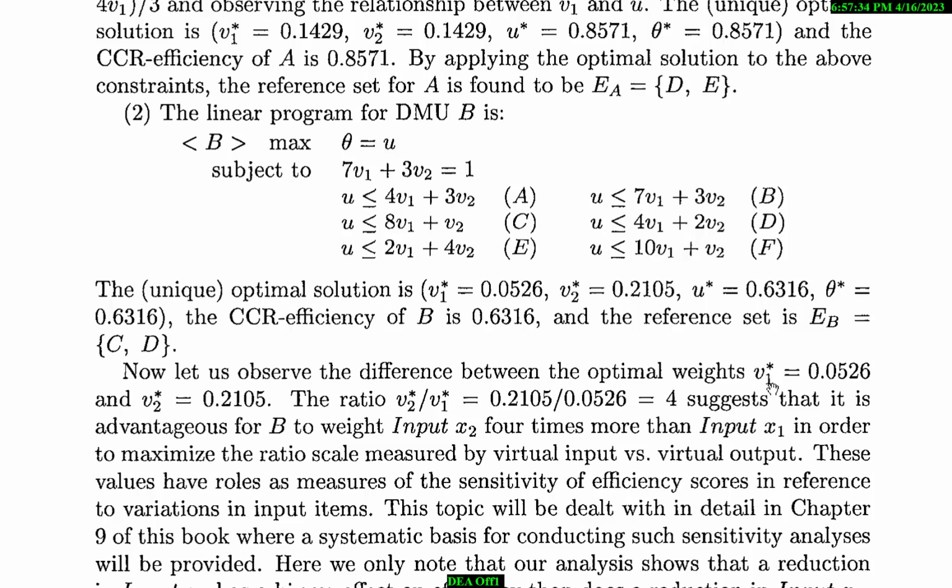So when we have, for example, V1 star as this and V2 star, whose ratio is 4, this suggests that it is advantageous for B to weight input X2 4 times more than input X1 in order to maximize the ratio scale measured by virtual output to virtual input.